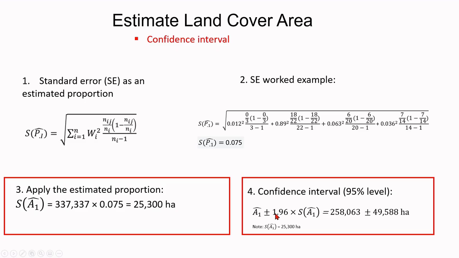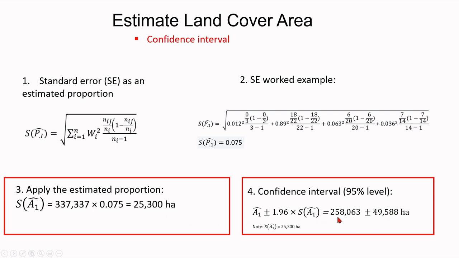So the critical value is 1.96, times the standard error, which is this value here. The 1.96 is multiplied by this, and that is going to give you that.